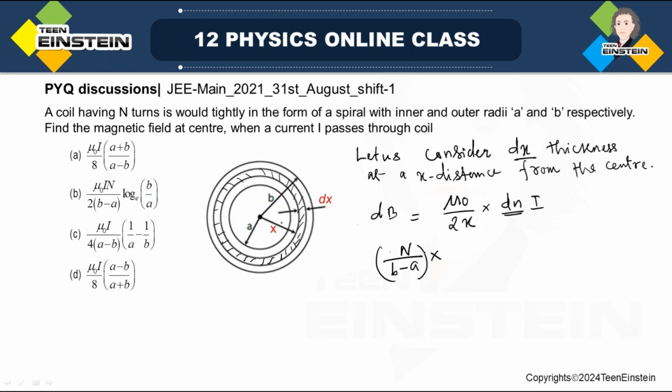Now if I have to find out the number of turns dn within this thickness, then I have to multiply by the thickness.